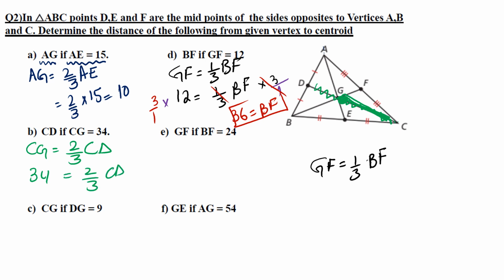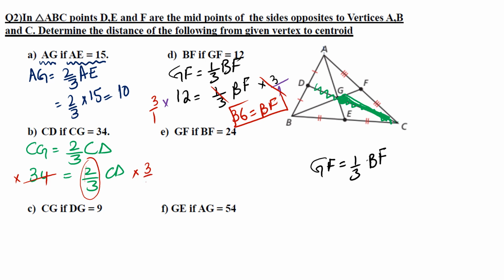As I told you, if you are using the calculator, you write 34 divided by 2 over 3 and get the final answer. And if you want to do it mentally, how to do it? 34. Multiply both sides by the reciprocal of 2 by 3.